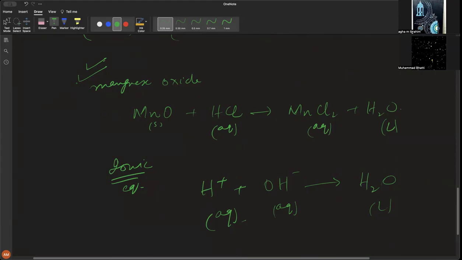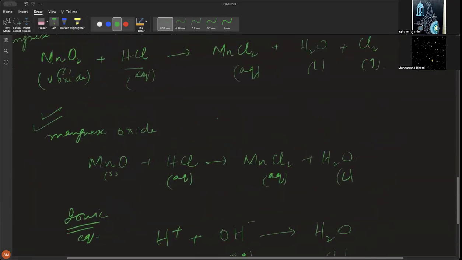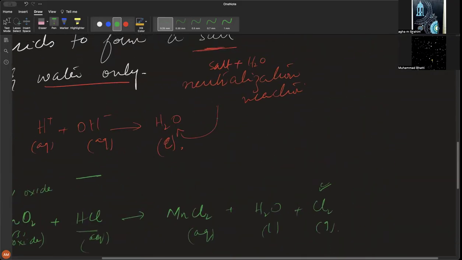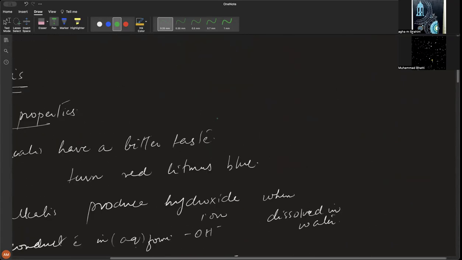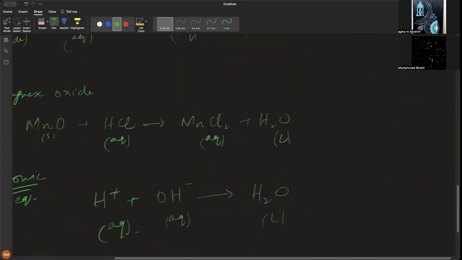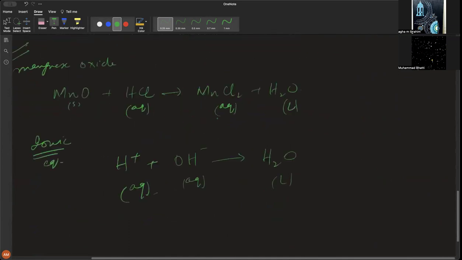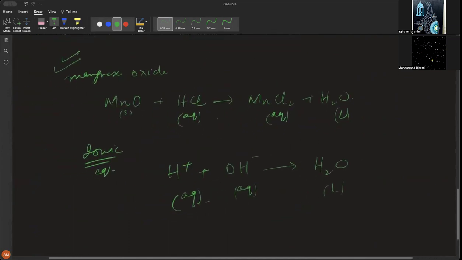You have to keep this in mind. Most of the bases are insoluble. Just write it somewhere. I just forgot it. Need to write it somewhere. Most of the bases are insoluble.